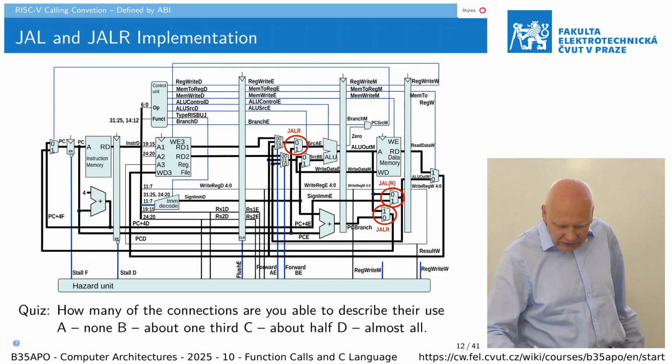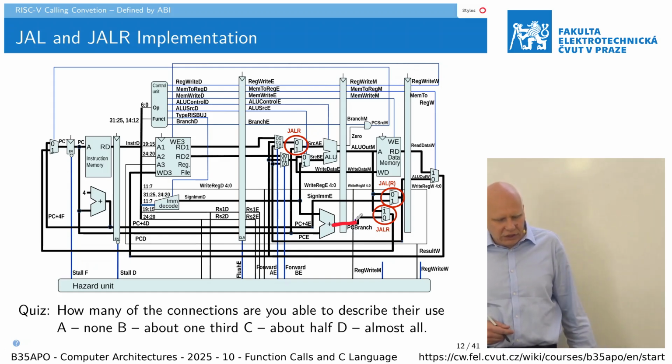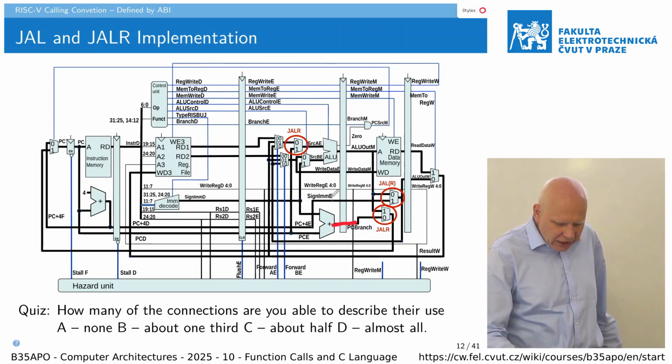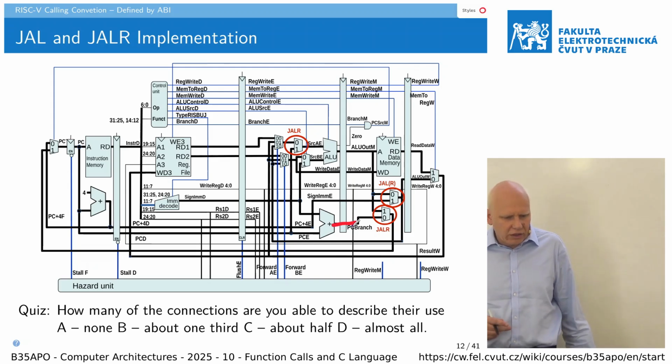And then the last thing which is necessary: we have that ability of relative branches, which allows us to branch relative for the conditional branches in that range of ±4 kilobytes.